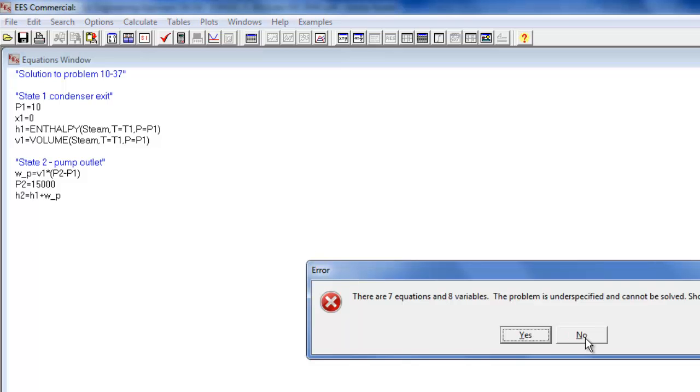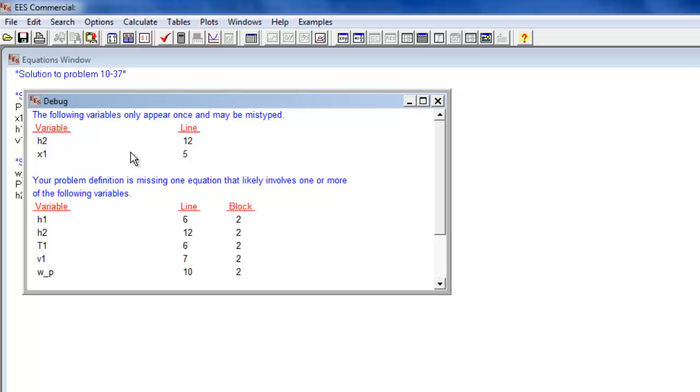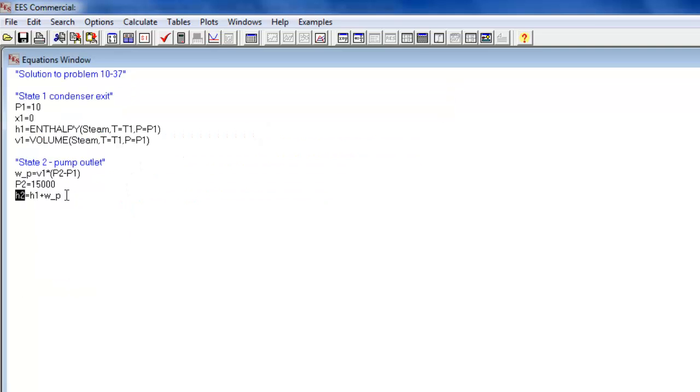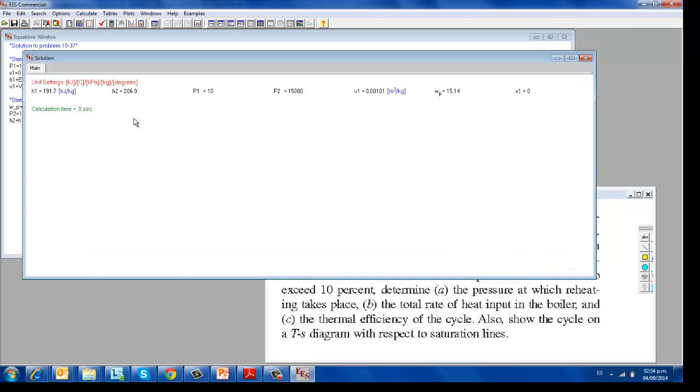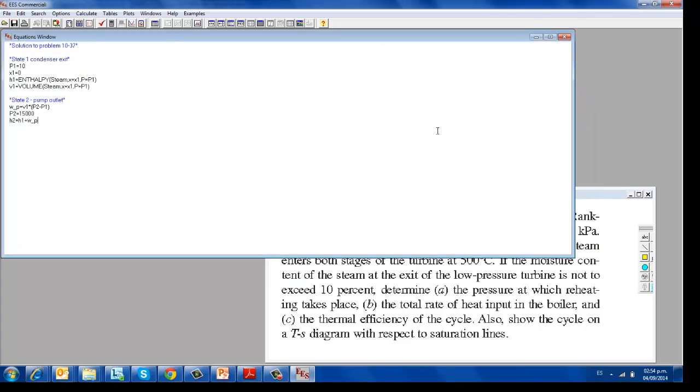We have a problem with the number of unknowns, and we notice here that we are not given T1, so we need to change temperature for quality. We have it, and then we continue.